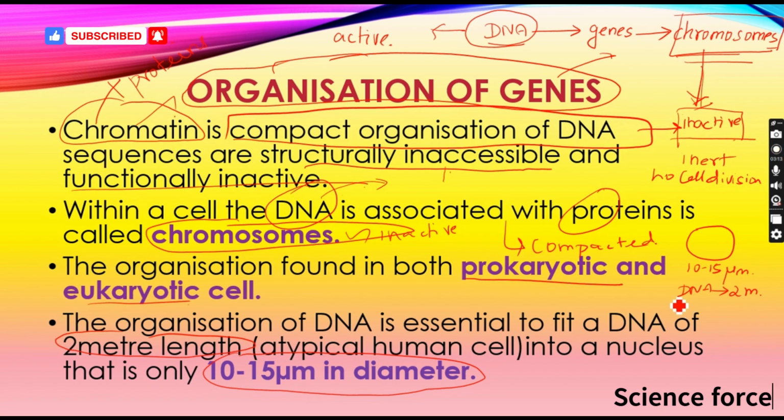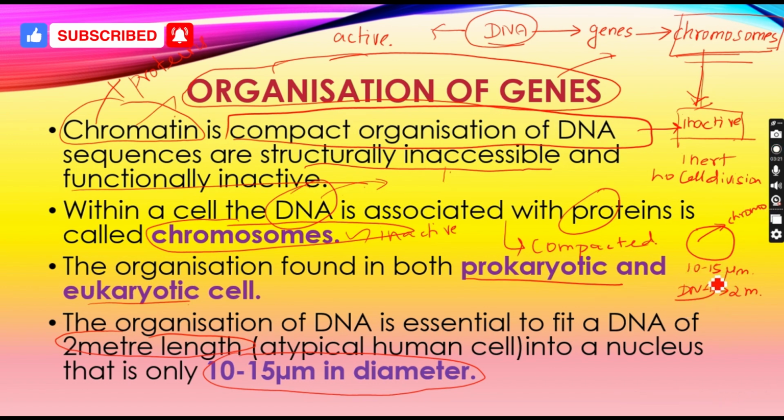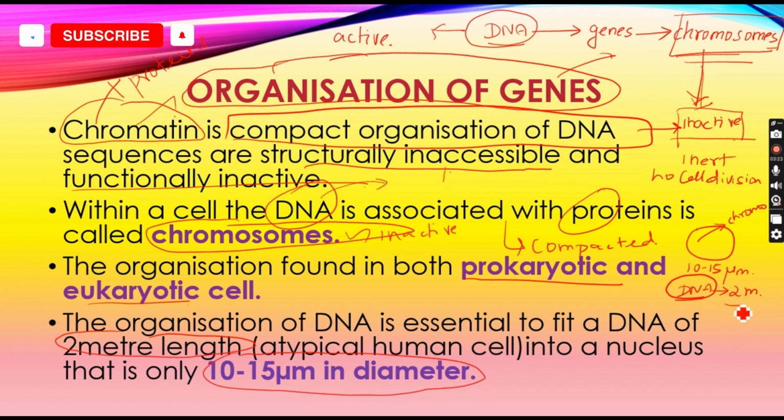So the chromosomes are found to be inside the nucleus. Not a single DNA, but multiple DNAs of 2-meter length are going to be packed into the chromatin, and the chromatin with the proteins in compacted form is known as chromosomes. This compacted form can fit into the nucleus.